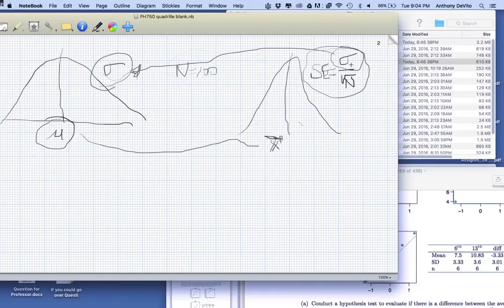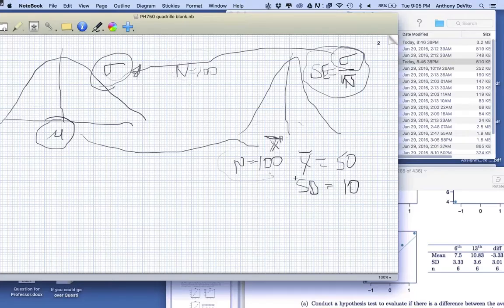So what we wind up using instead is this: if we take a sample of 100 people, and let's say we find X bar, the mean for that sample of 100 people, is equal to, say, 50. And we find that the standard deviation is equal to 10. That's the standard deviation of the sample that we took, those 100 people.